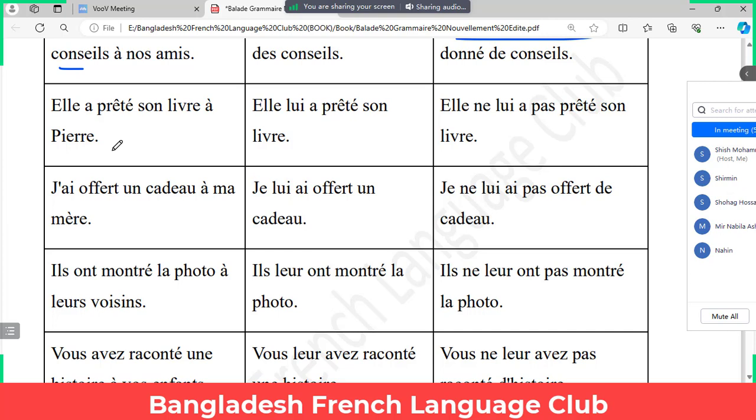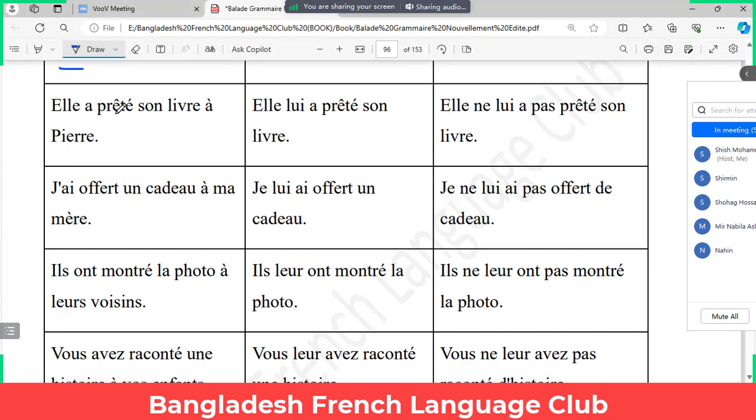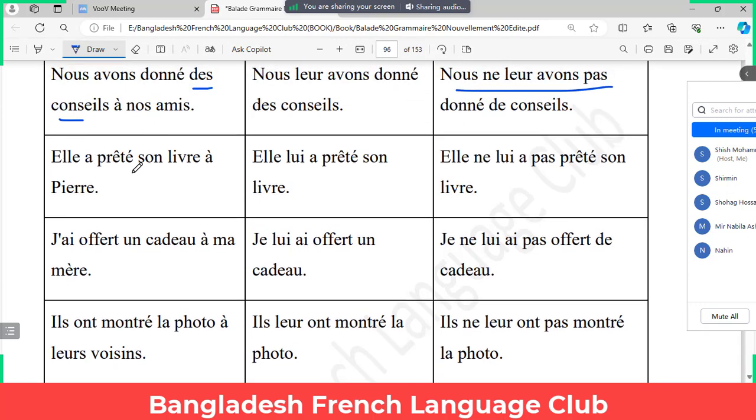So il a prêté means he lent his book to Pierre. He lent his book to Pierre.